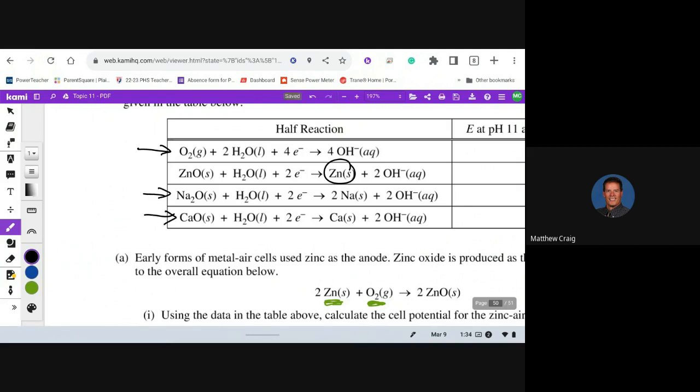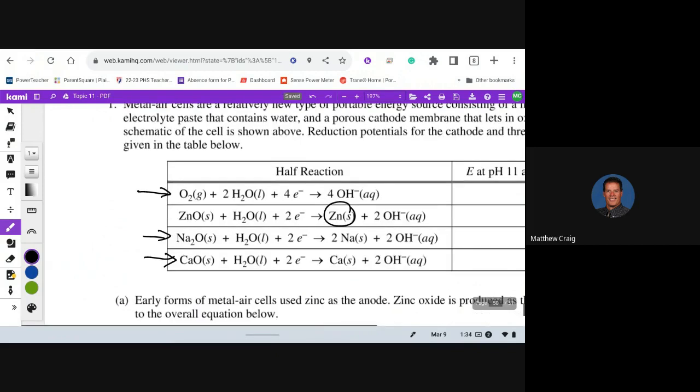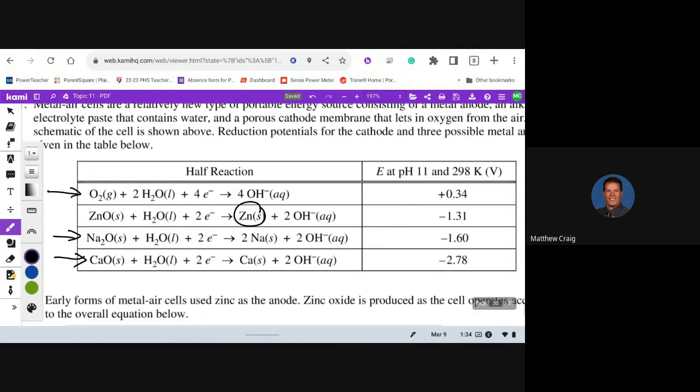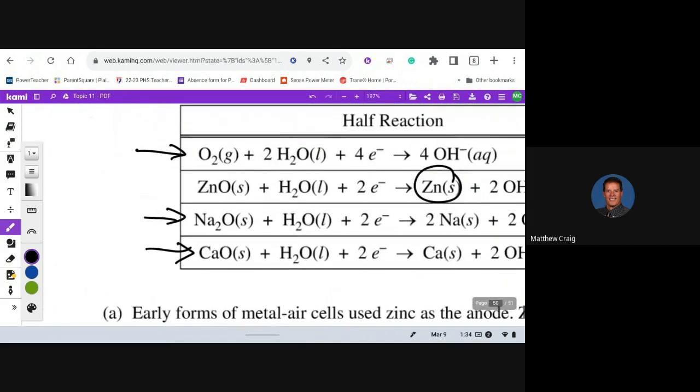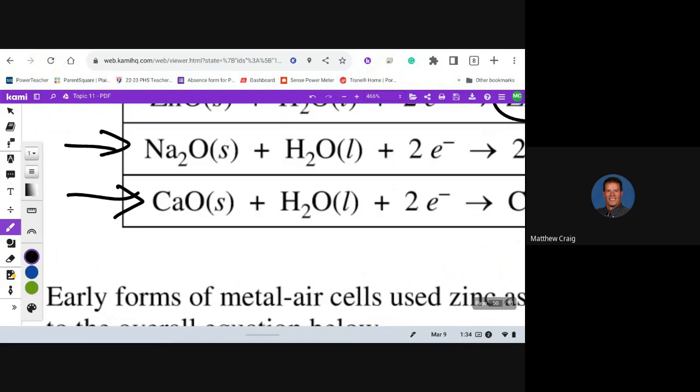Okay. So the nice thing is these are reduction potentials. And so we need to flip which one? The second one. Okay. So when we write this out, I'll find a space to do that.